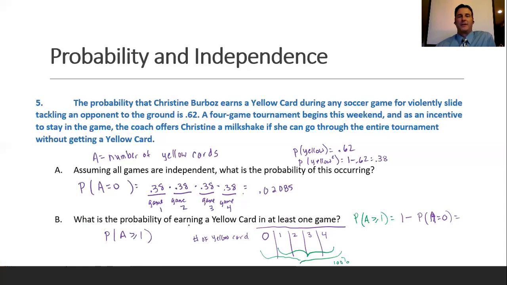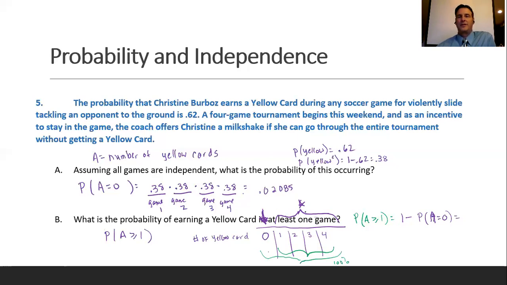So basically, you're doing one of 2 things. You're either getting none, which is what we want. You're going to get a milkshake if you get none, or the alternative, which means you'll get at least 1. And again, they want to know this. Since all 5 of these together must add up to 100%, and I want these 4 collectively, as long as I know this one, all I have to do is subtract that from 1, and I'll have the answer to the collective amount for the other 4. If that makes sense.